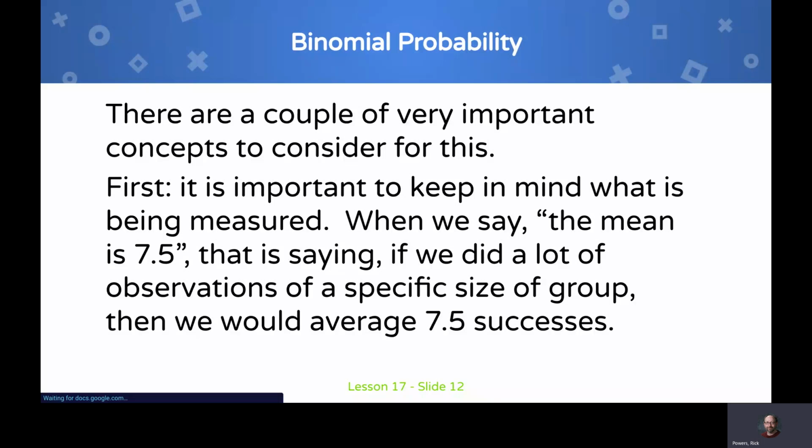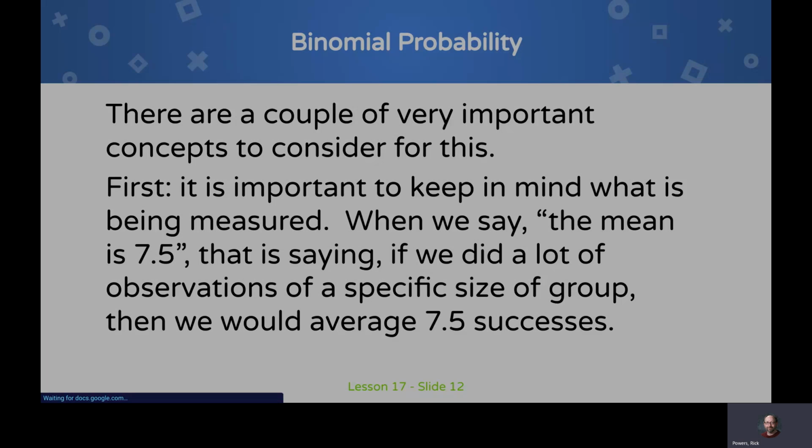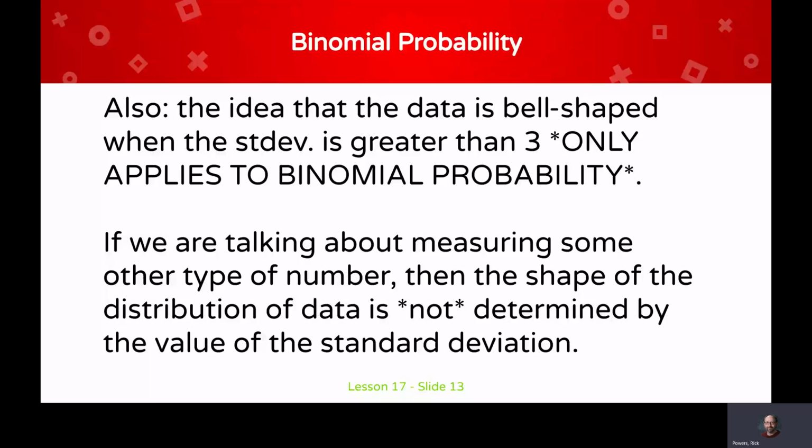Also, the idea that the data is bell-shaped when the standard deviation is greater than 3 only applies to binomial probability. If we are talking about measuring some other type of number, then the shape of the distribution of data is not determined by the value of the standard deviation.